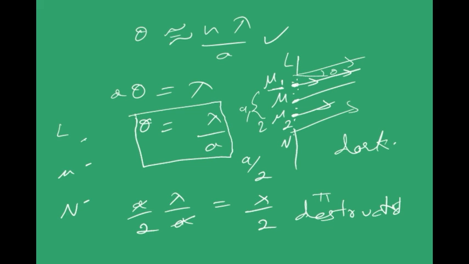Now you may ask, theta is lambda by a, then it's fine, you are getting a dark spot. How can you say that when theta is n lambda by a, for all n's you are getting a dark spot only? Observe this. I'll again take the slit and say now my theta is n lambda by a. If I take two points, again I'll divide this into L, N, and this is midpoint M, right?